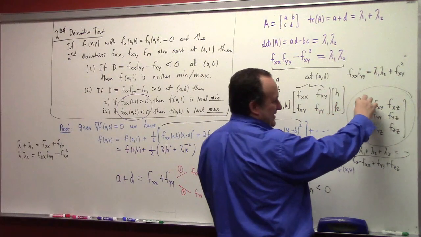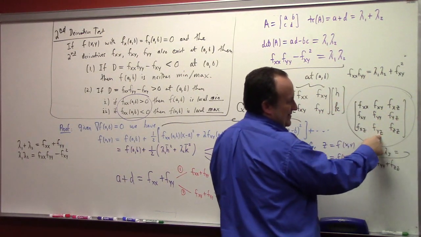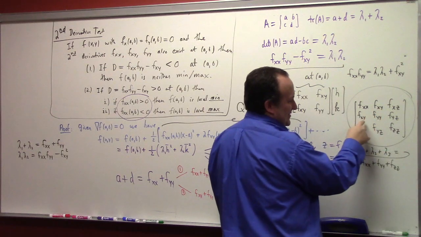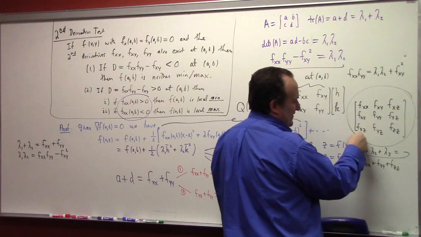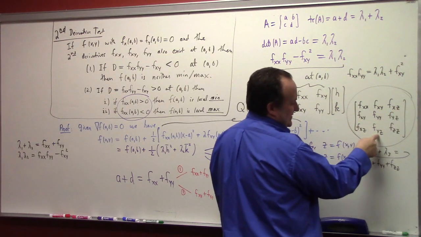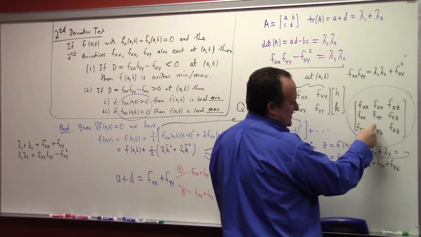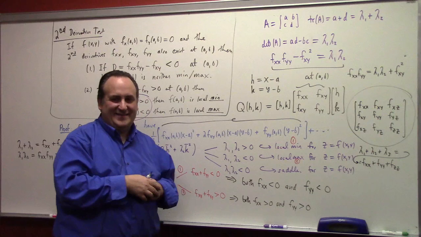It's like fxx times fyy fzz minus fyz squared, minus fxy times fxy times fzz minus fyz times fxz, and then plus fxz times fxy minus fxy fyz minus fyy fxz. Like, it's just a mess.